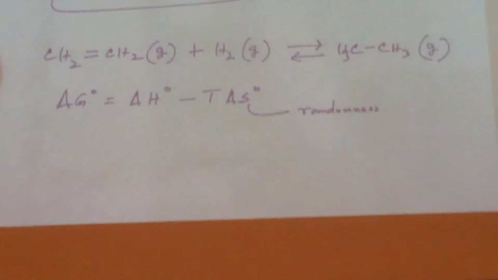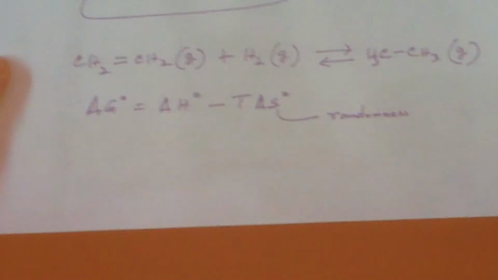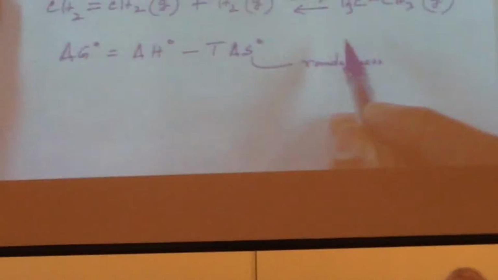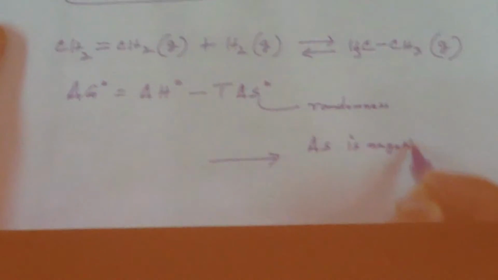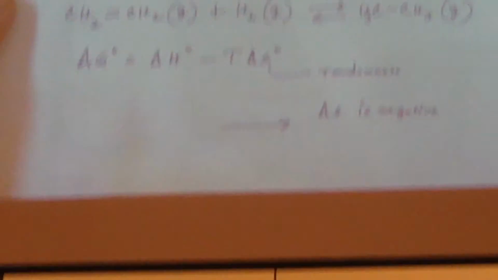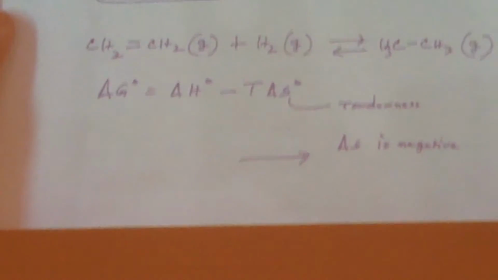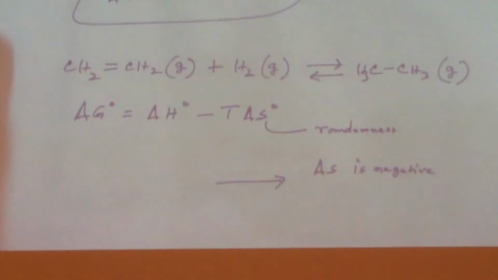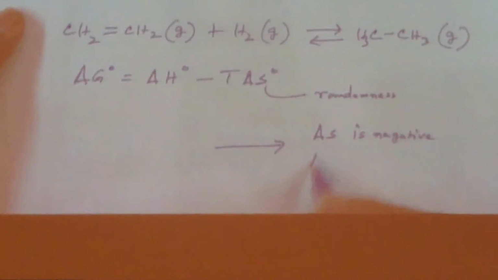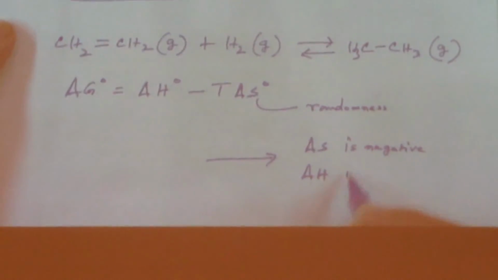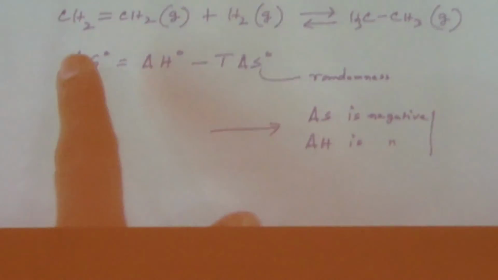So the entropy is actually reduced. So from left to right, if you look at this arrow, the entropy factor is negative. And normally, as we have learned with hydrogenation of the alkenes, heat is released. So the enthalpy is also negative. Delta H is also negative when you are looking at the reaction from left to right.